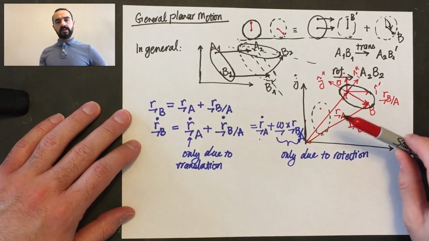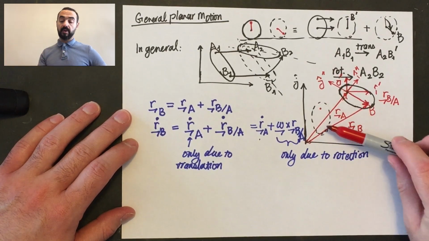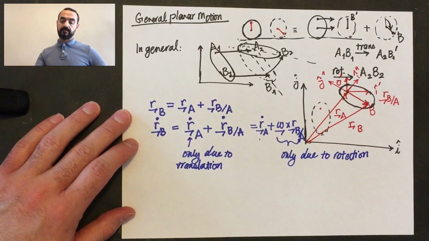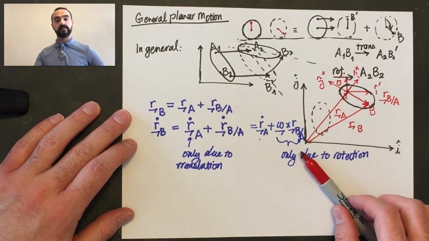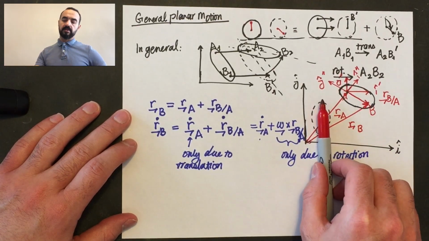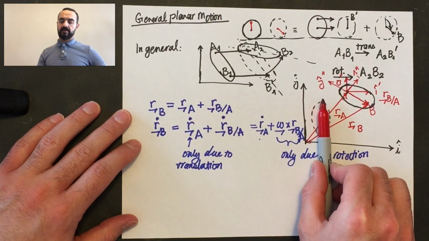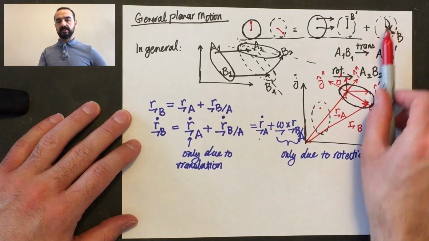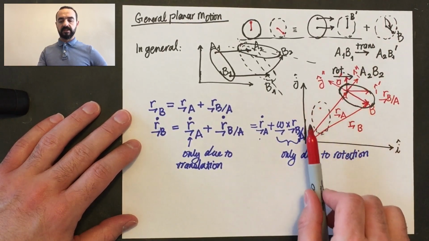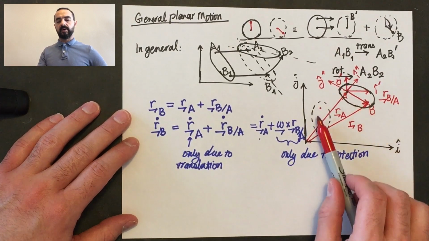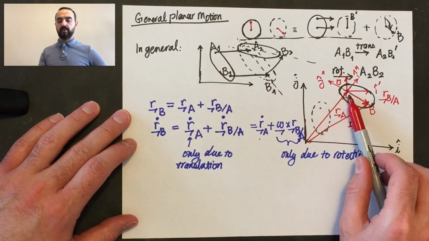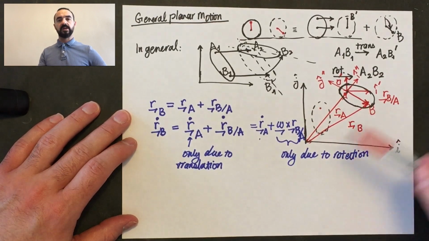So in general, if I have a body, and this body moves at an arbitrary instant of time, I'd like to analyze the motion of this body. This body can translate along these lines. So let's say the body translates, and the point A, which was initially here, now it's here.